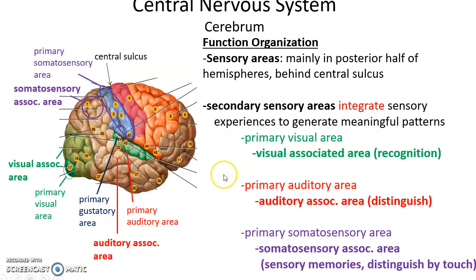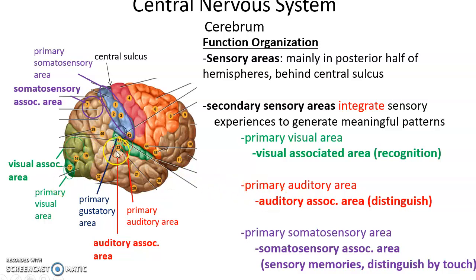All right, then we have secondary sensory areas. They are nearby the primary sensory areas, and their job is to start integrating that sensory information to make it useful. So for instance, the visual association area near the primary visual area helps let you recognize the objects. You are now aware of what it is you're looking at.